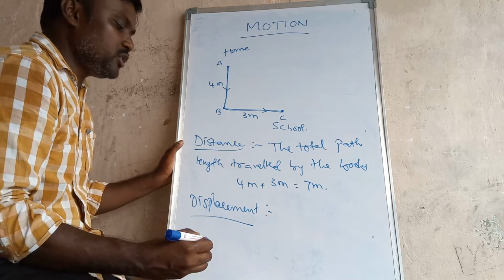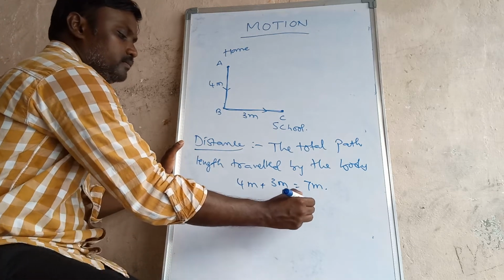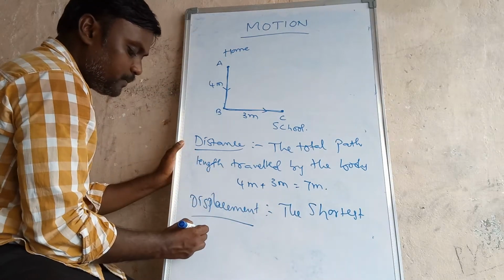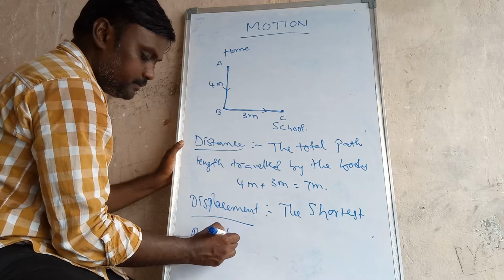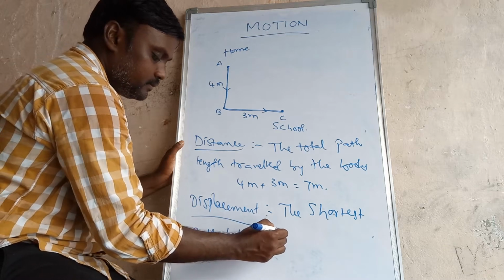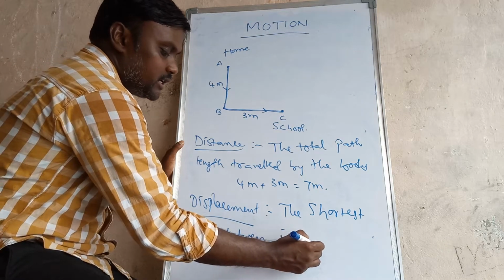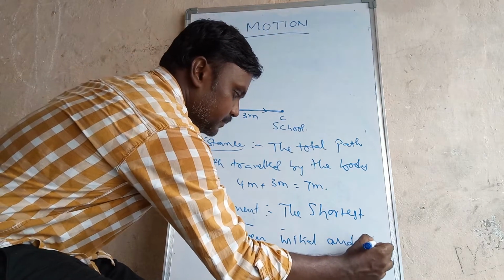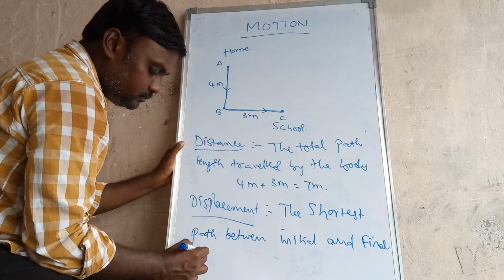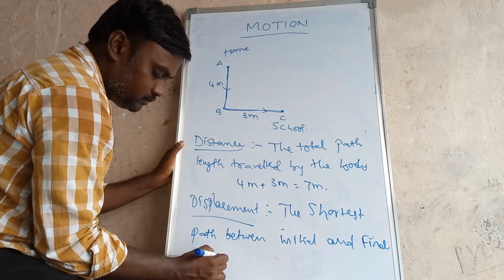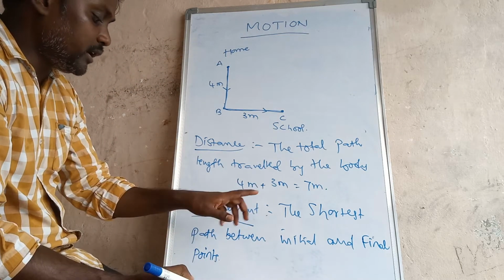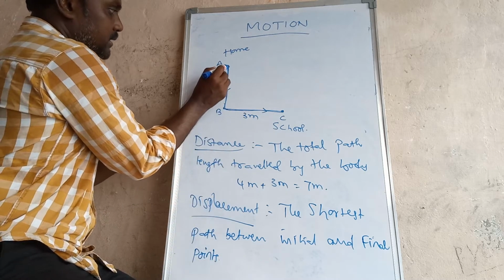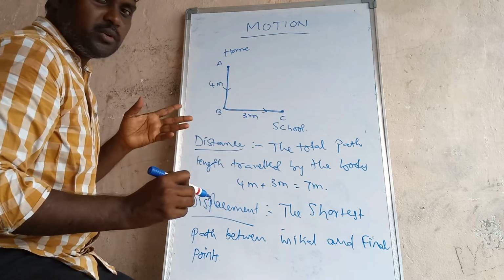Now what do you mean by displacement? Displacement means the shortest path between the initial point and the final point.